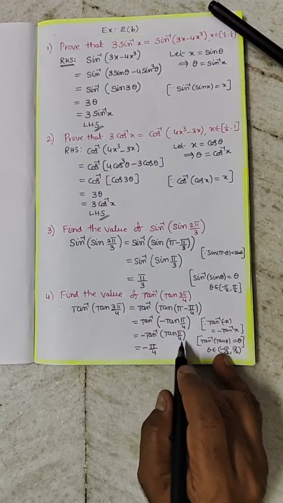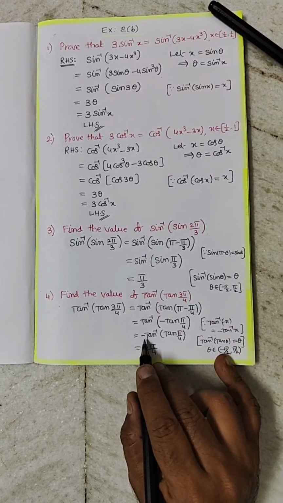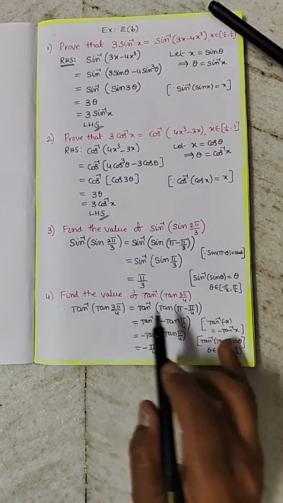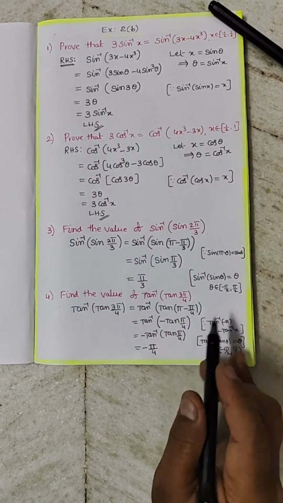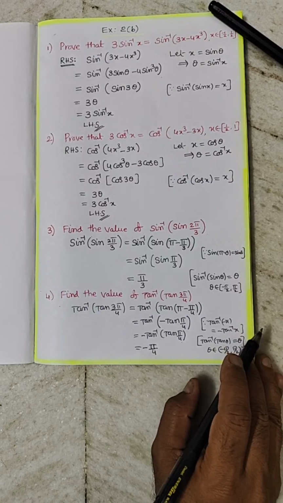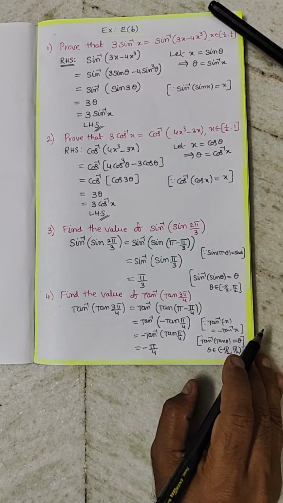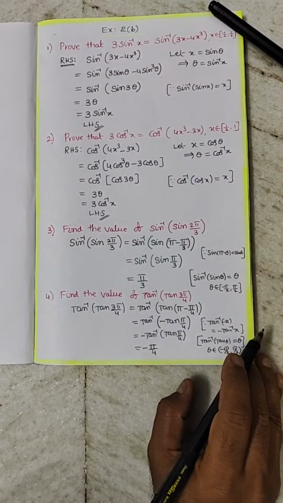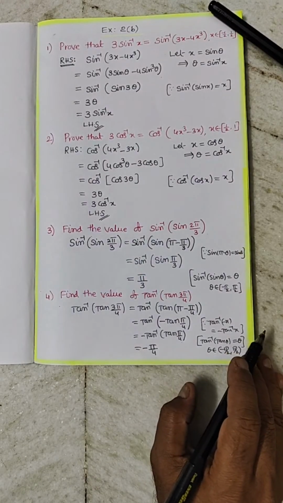Tan inverse of tan pi by 4, minus is there, you remember. If it is 5 pi by 4, your answer is plus pi by 4. I hope you understand. We'll move on to the next question. Even in some textbooks it is given like this, which is not the correct one according to my knowledge.